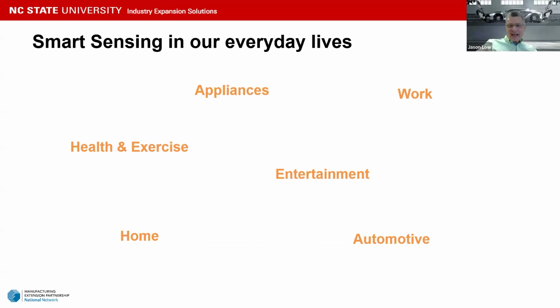So we know what they can capture, but we also know it happens in all aspects of our lives, whether at work, certainly at home, with the appliances that we use that are very smart now and connected to our networks in our own houses. Certainly with automobiles and self-driving cars, an immense amount of sensing goes into automobiles now. And then even in entertainment.